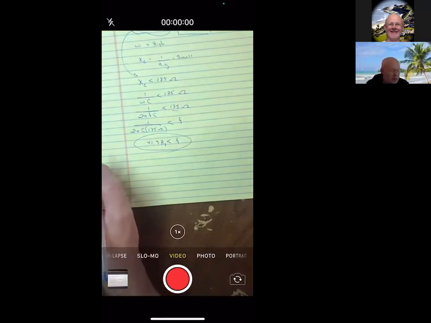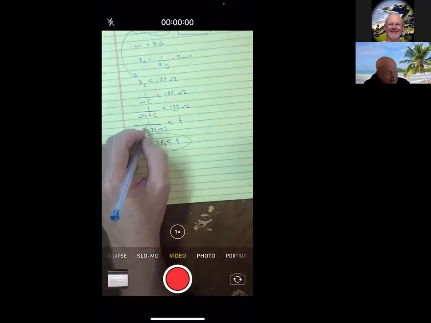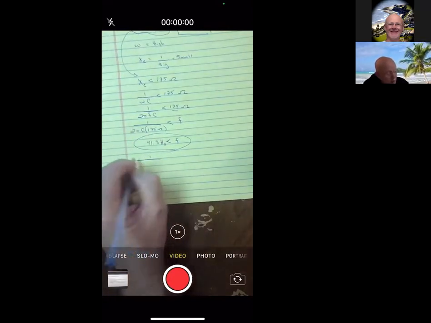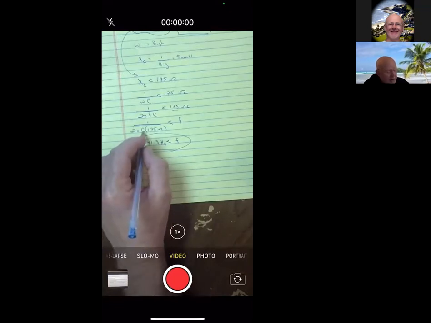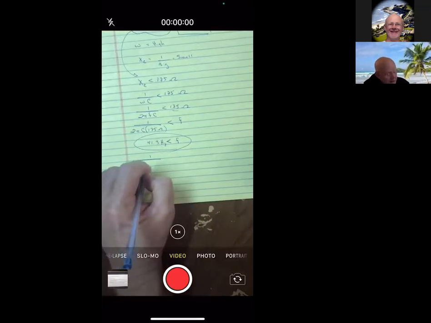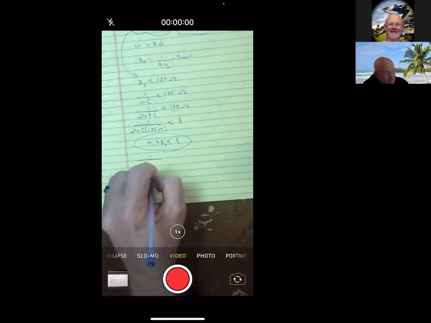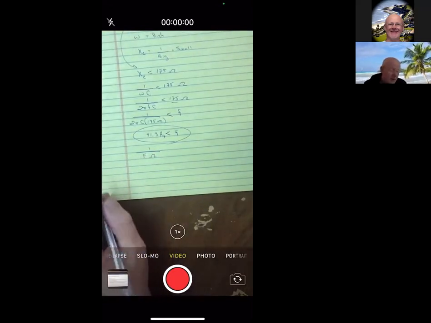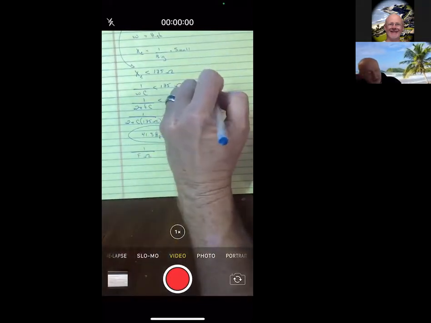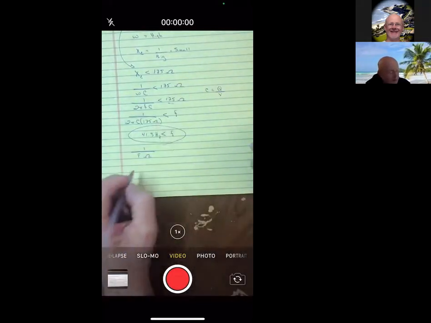But I should also check the units here. Let's do the units. The units would be 1 over. And remember that the unit for a capacitor is a farad. So I have a farad times an ohm. Now, remember that the definition of a capacitance is charge per volt.